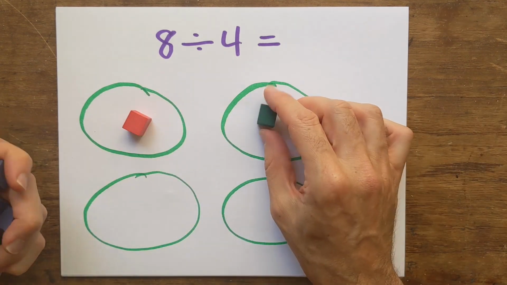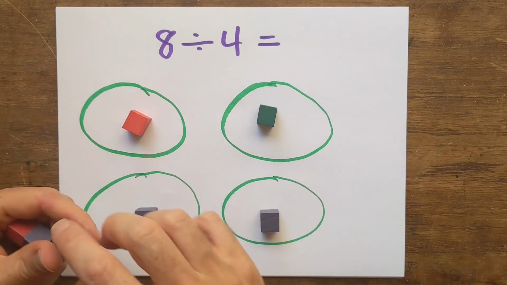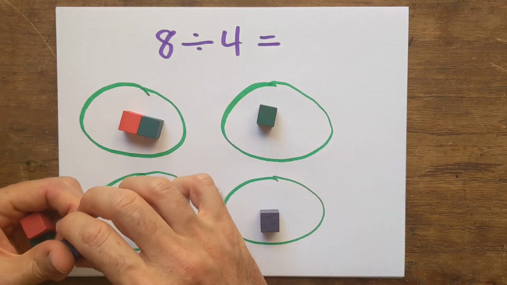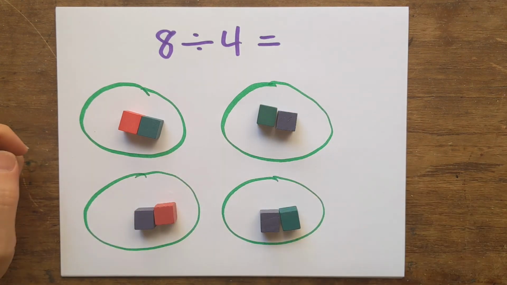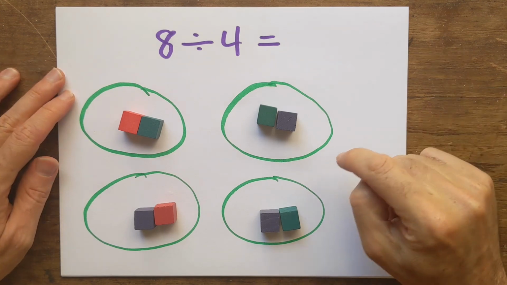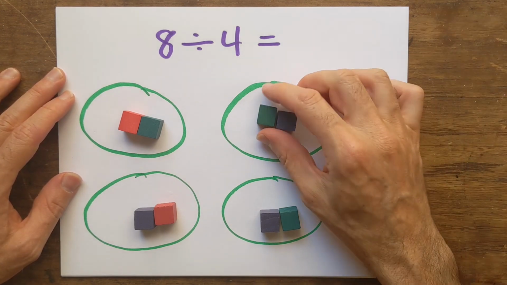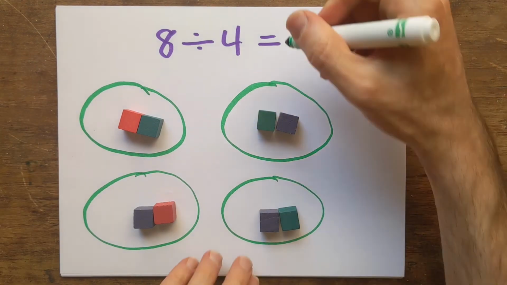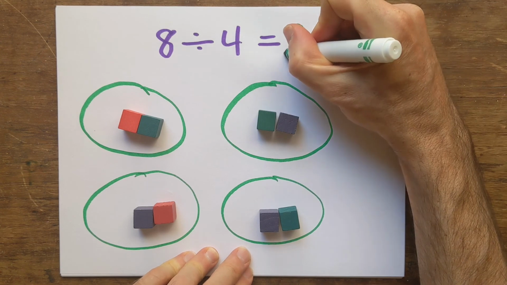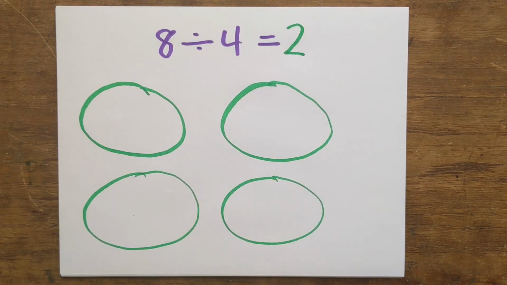Now all the circles are full, so I start again with this one. 2, 2, 2, 2. And the answer is, well, how many strawberries does each person get? Well, this is one person, and they have 1, 2 strawberries. And so the answer is 2. That's it. That's how you do division. Let's try one that's a little harder.